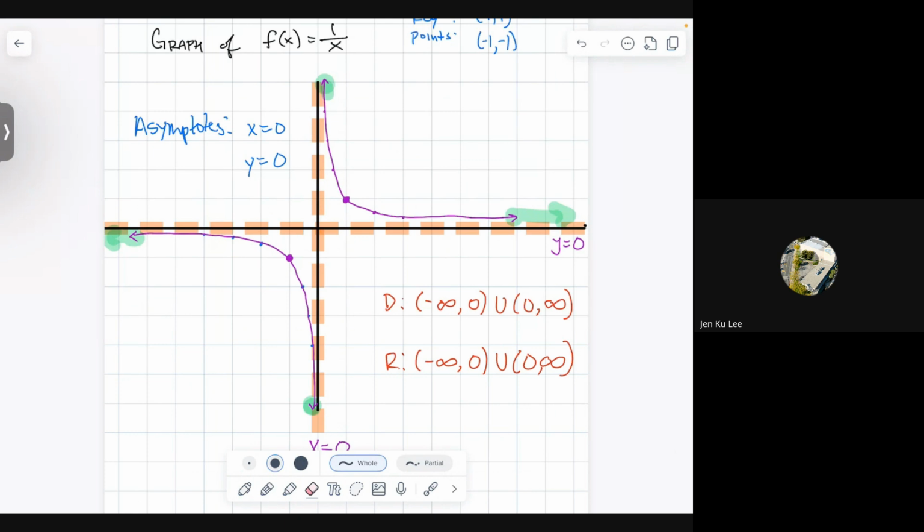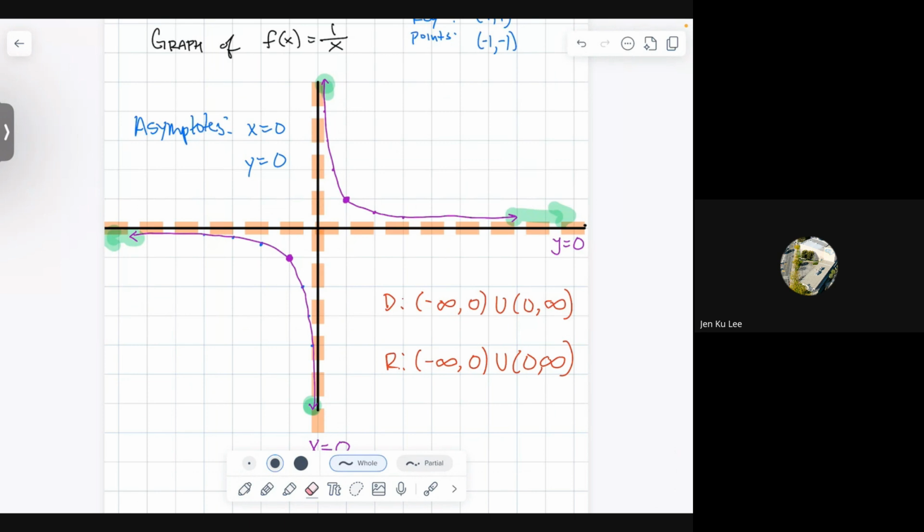So what is the transformation that would affect my asymptotes? Shift, right? If I literally pick up my asymptote and move it up or down, or in this case, x equals 0, the vertical asymptote, if I move it to the left and to the right.